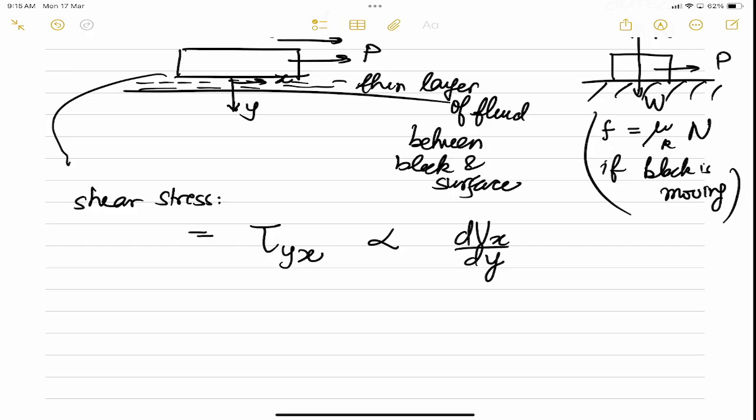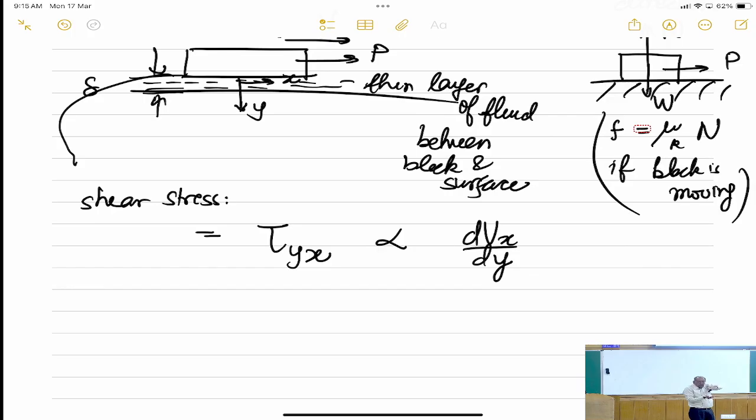Okay, and if it's a thin layer, then we will take this as a linear law. That means if this gap is, let us say, delta, then dvx by dy will be taken as equal to v minus 0. Velocity at the top is v, velocity at the bottom is 0. V minus 0 divided by delta.